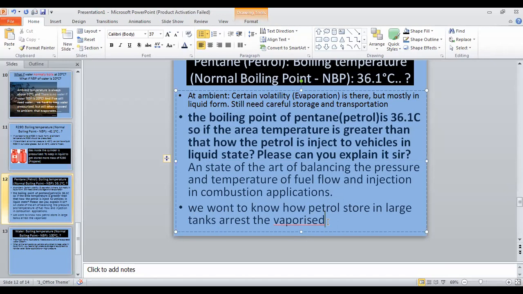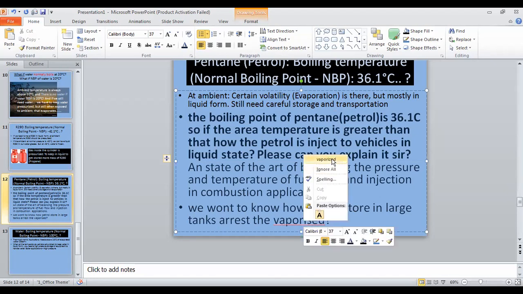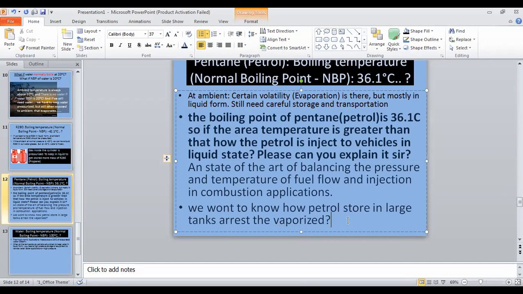Actually, this one, even I had to explore this, but we have to assure that there should be no vapor traps. That is very important. So no vapor traps. That is very important.